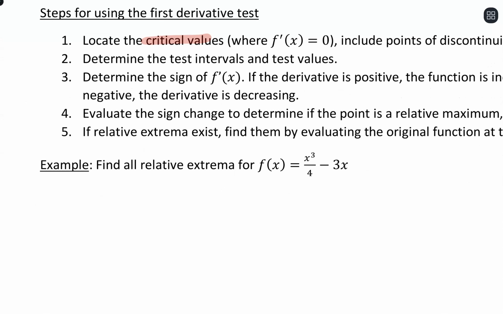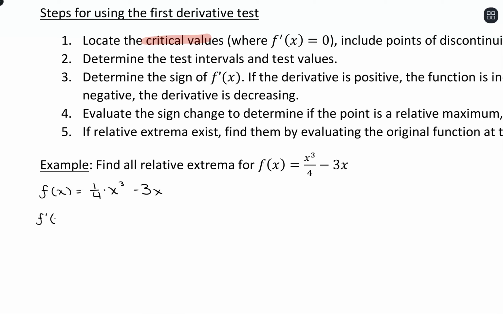All right, critical values. So first thing I want to do is take the derivative of this. I'm just going to rewrite this function a little bit, just to make it a little easier for me. I'm going to write it as 1/4 times x cubed, just to separate that numerical coefficient.